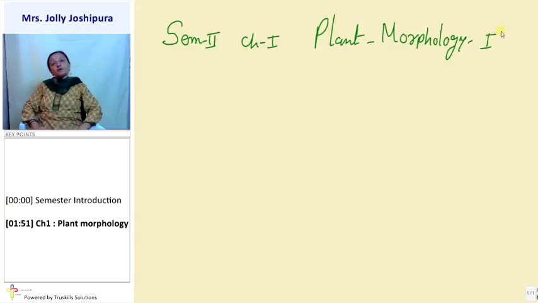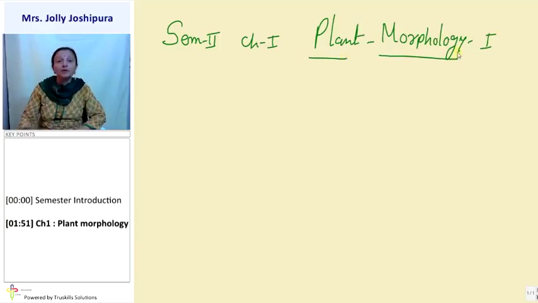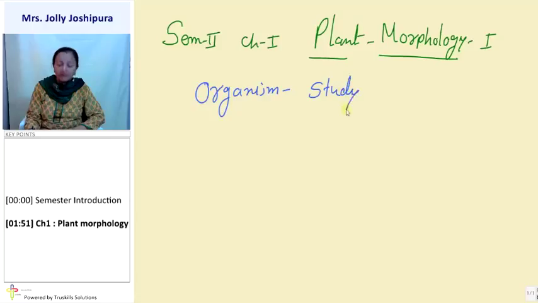Now, if we have to study about any organism, whether it's a plant or animal, there are 2 types of study. When we study any organism, it can be X, Y, Z, any organism, and we want to study about any particular organism, in that case there will be 2 ways.